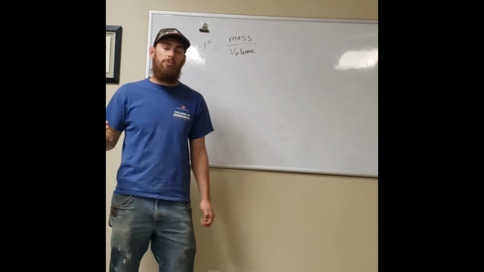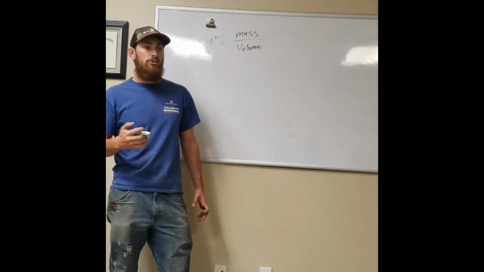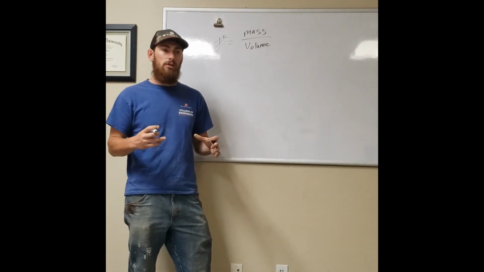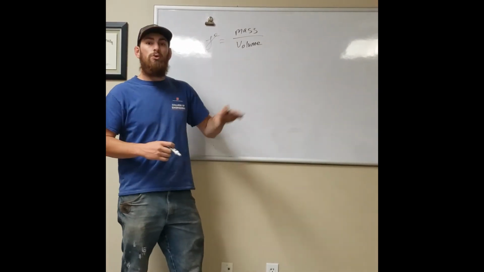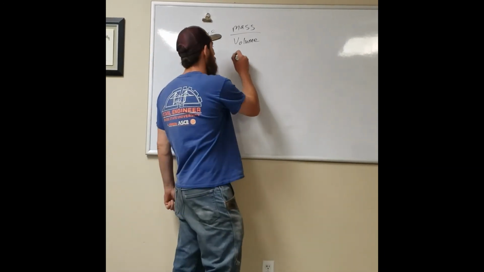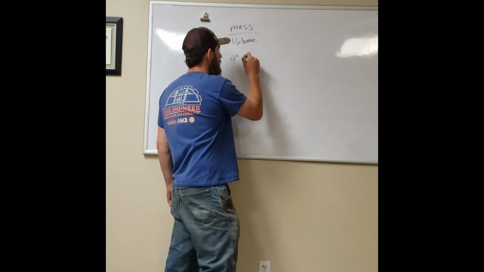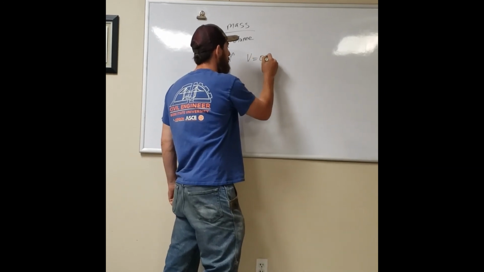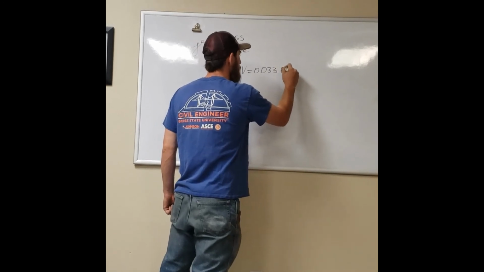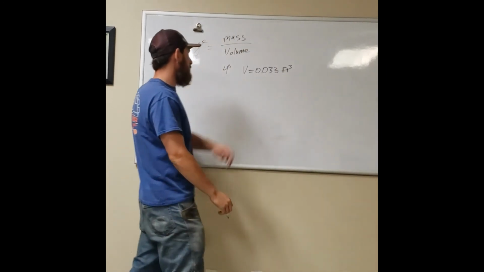I keep on saying Proctor because Proctor is just the name of the test. The Proctor molds are a steel or aluminum container. We're going to be using a 4-inch Proctor mold. For a 4-inch mold, the volume is equal to 0.033 foot cubed. So that is your Proctor mold.